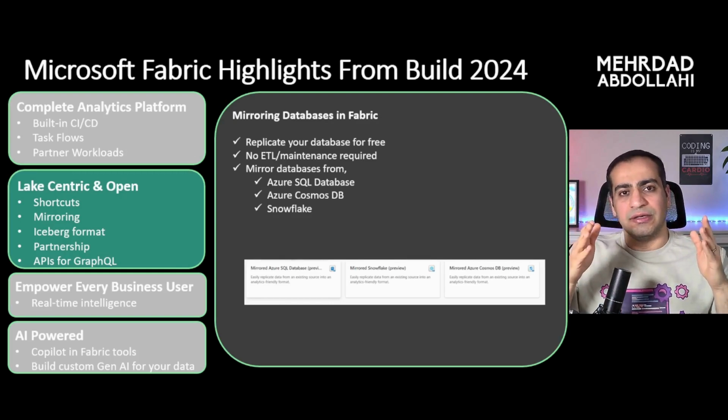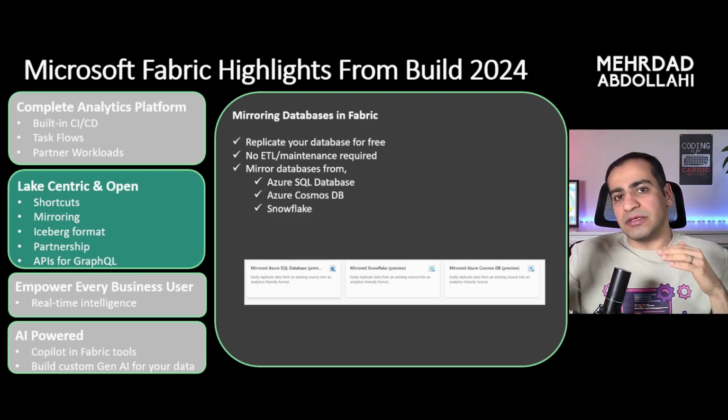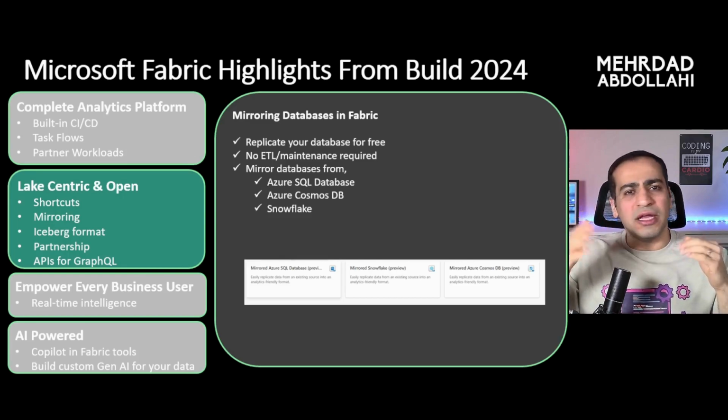The other feature in the data storage section is mirroring your database in Fabric, which is a kind of replicating your data into Fabric. And the thing is that it is going to be free. Fabric does it for free for you, and you don't need to do any ETL or any complex or specific configuration.